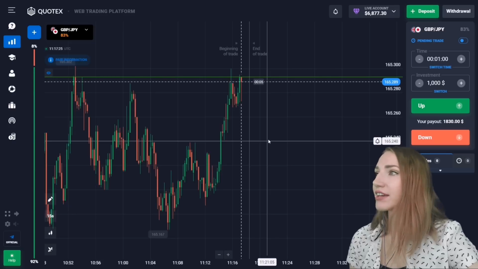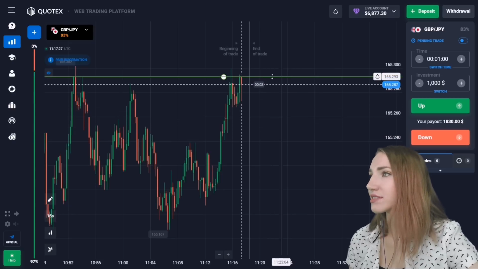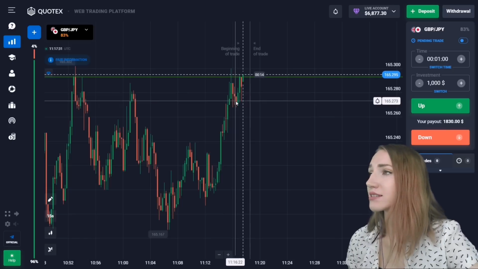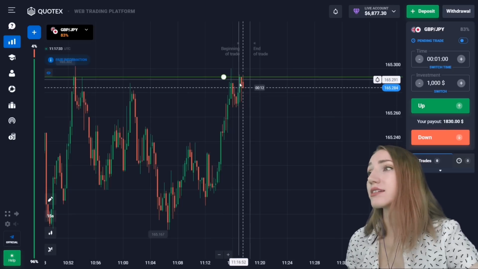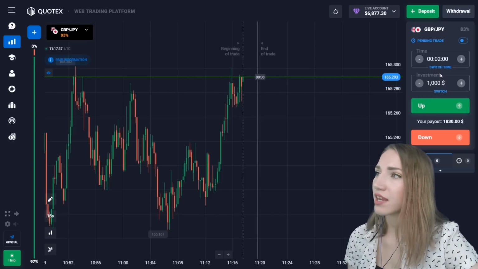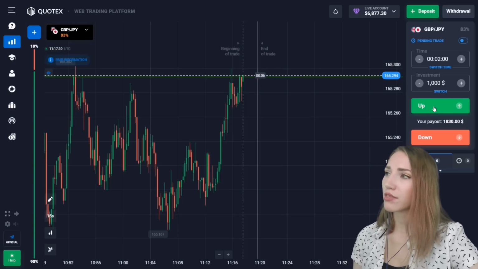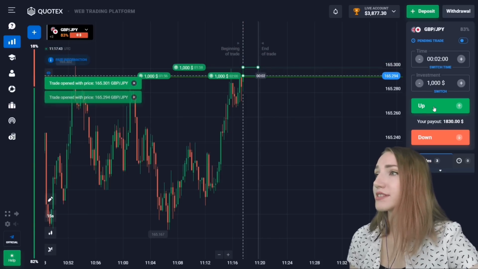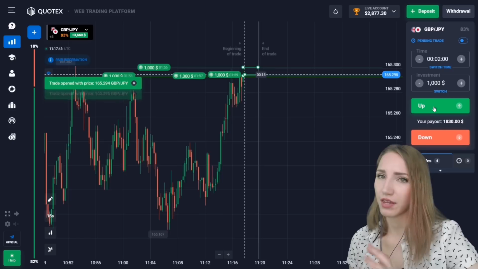Well guys, here you can see the resistance level, and also from this level there was a rollback, and right now the price is again approaching this level and is sticking to it. I would like to open a trade for 3 minutes with up here because I think that this level will be broken through in the near future, because the price has approached this level the 3rd time in a very short period of time.